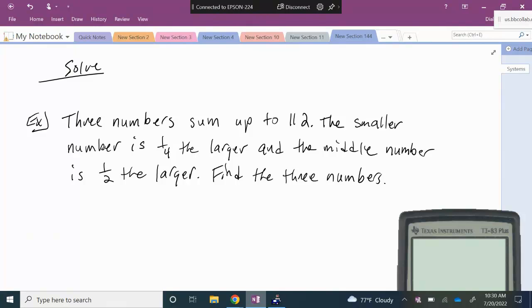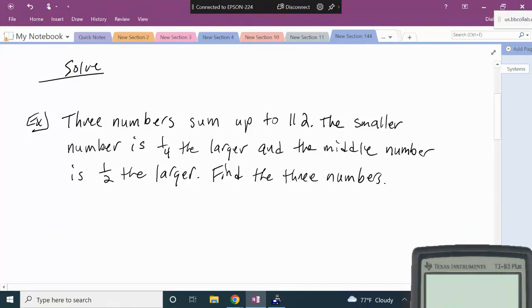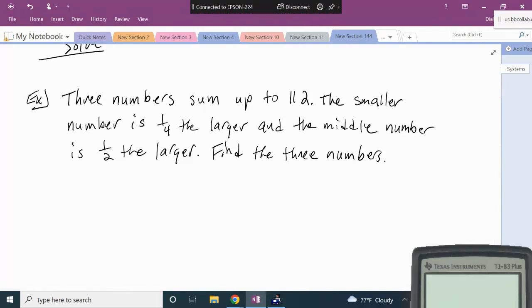Okay, so the first thing we're going to do is set up some variables. We have three numbers, and the way this is set up, we have a smaller number, a middle number, and a larger number.